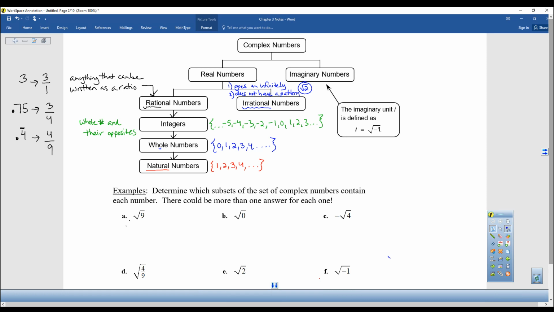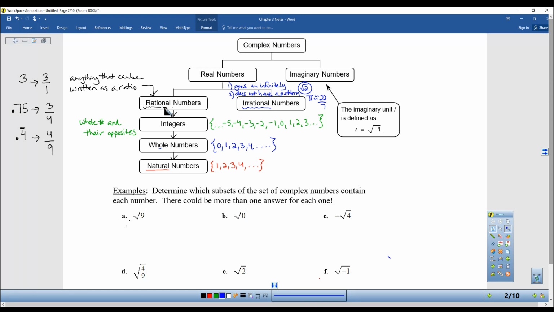And then the other thing that's irrational is pi. Pi is approximately 22 over 7, but it's not 22 over 7. Pi is a very valuable ratio that doesn't have an exact answer. It's just 3.14, blah, blah, blah. It keeps going on.